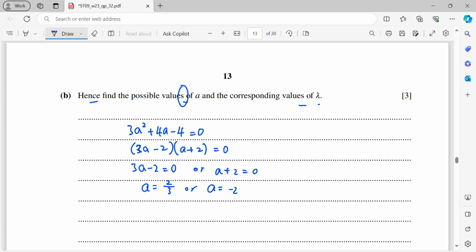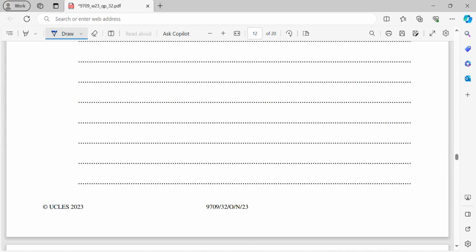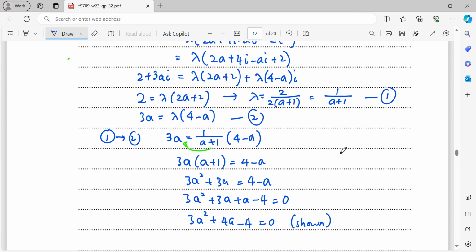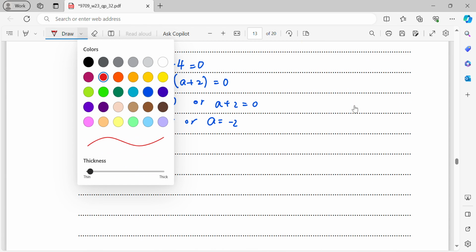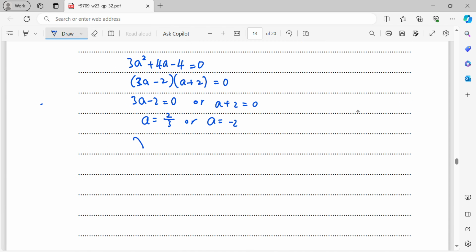Now find the lambda. So refer to previous working. Okay, first equation. Lambda is 1 over a plus 1.